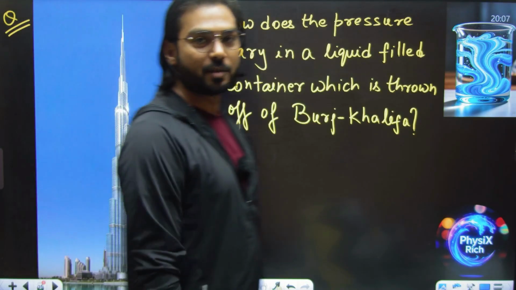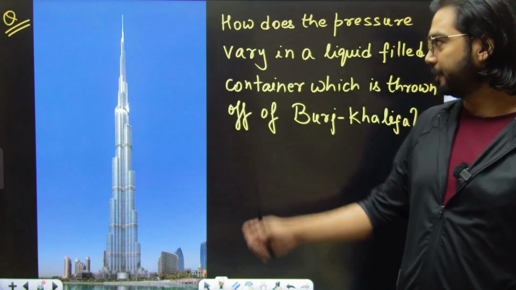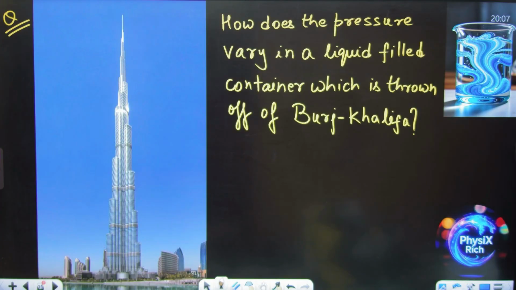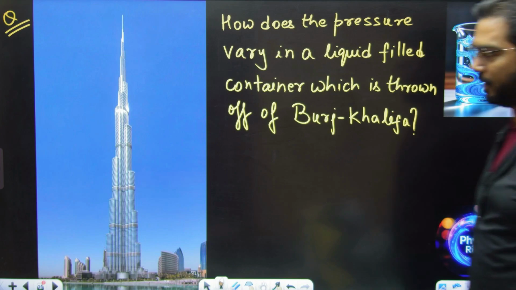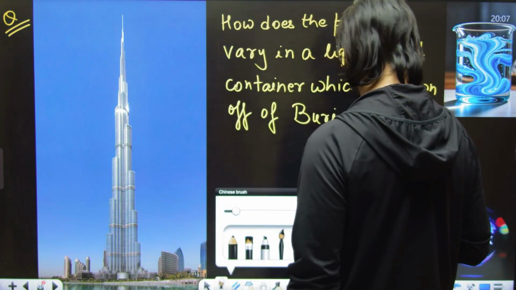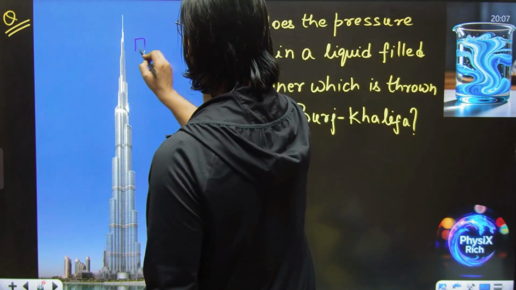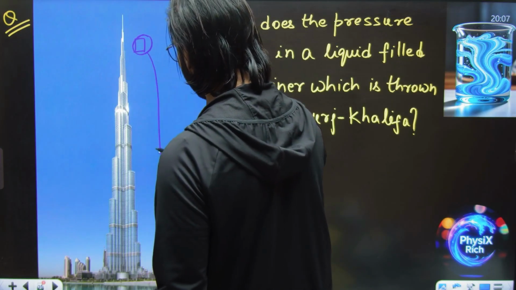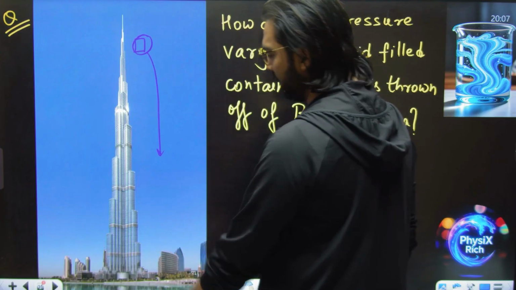The world's tallest building, the Burj Khalifa. Take your time, read the question. It says, how does the pressure vary in a liquid filled container which is thrown off the Burj Khalifa? Now, if I take a liquid container and throw it off this building, it's going to take a while to fall down, right?